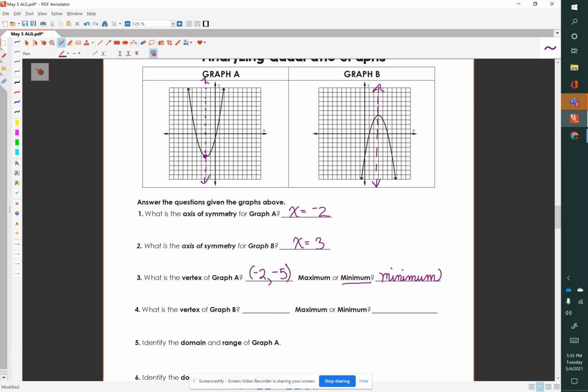The vertex of graph B has an x value of 3 and a y value of 1, 2, 3, 4. And that is a maximum because it is a downward facing parabola.